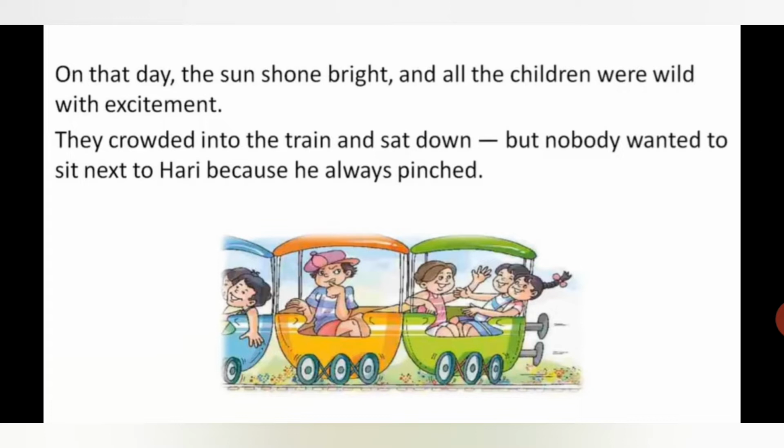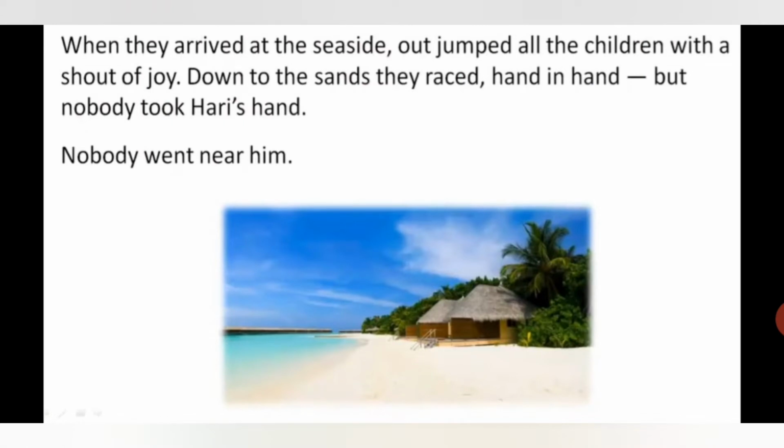All the students were very excited to go to the picnic. They sat down in the train with each other, but nobody wanted to sit with Hari because he always used to trouble them, so Hari was sitting alone. When they arrived at the seaside, out jumped all the children with a shout of joy.